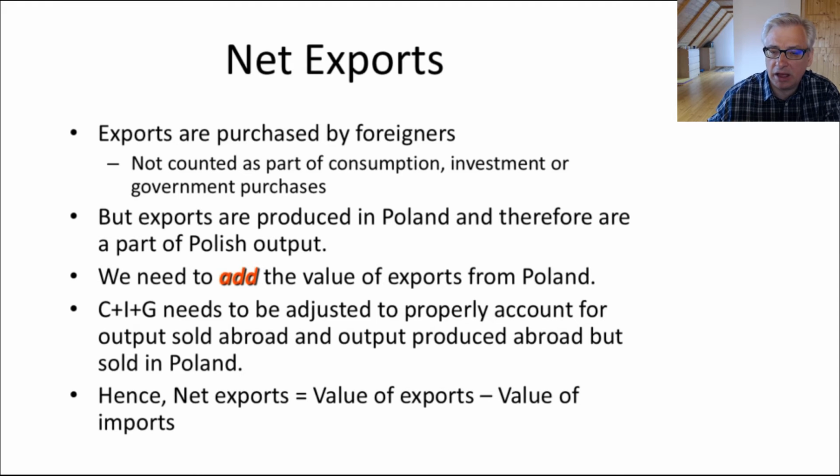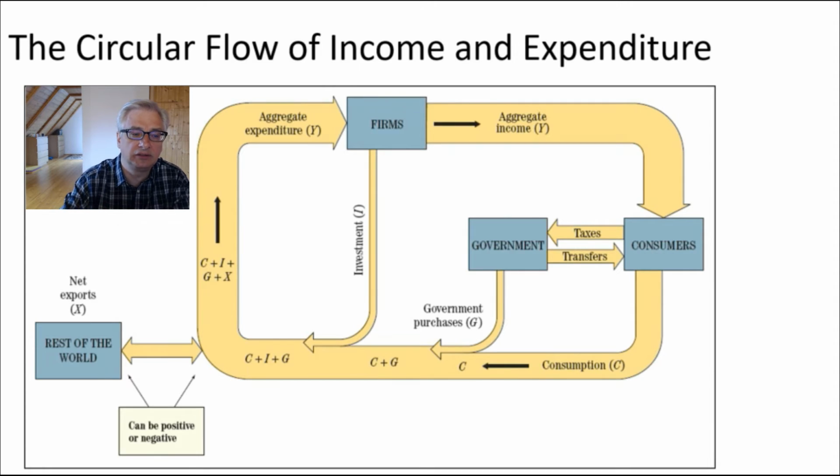Now you can have a look again at the circular flow of expenditures, and we will link it with income this time. Let's start with consumers. You can see consumers on the right side paying taxes to the government, more in the central part, and obtaining transfer payments from the government.